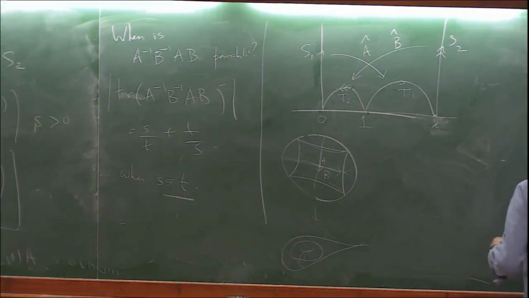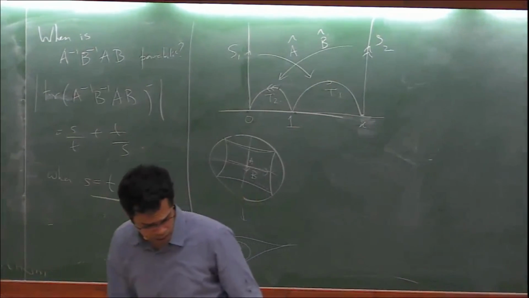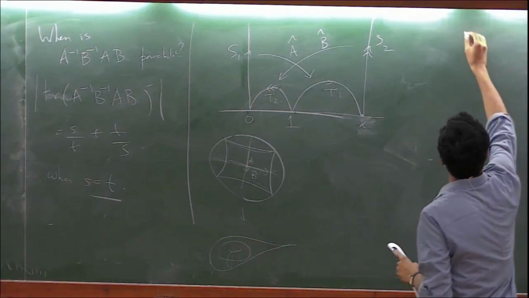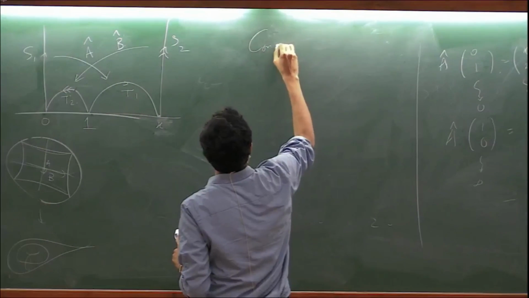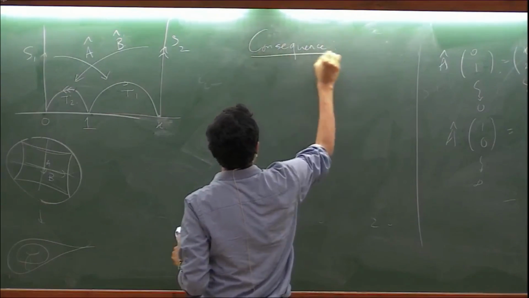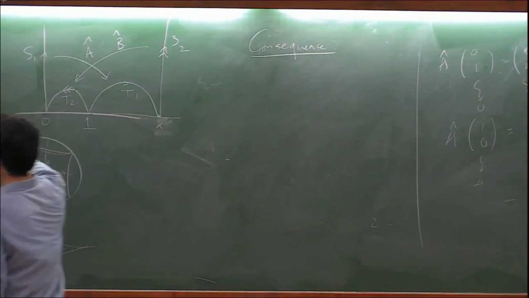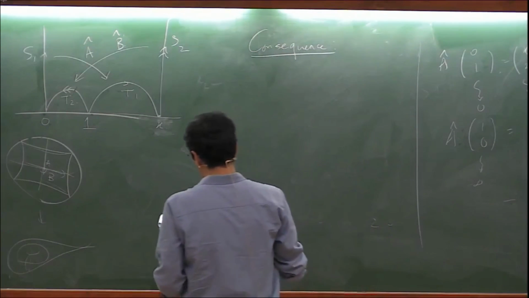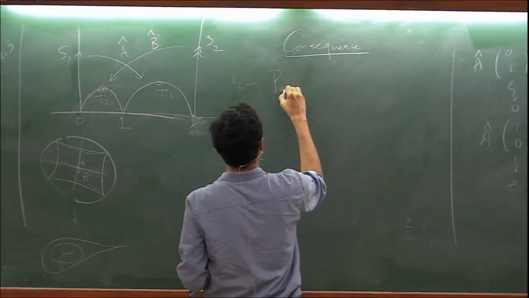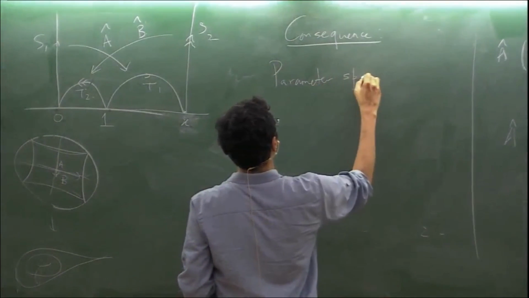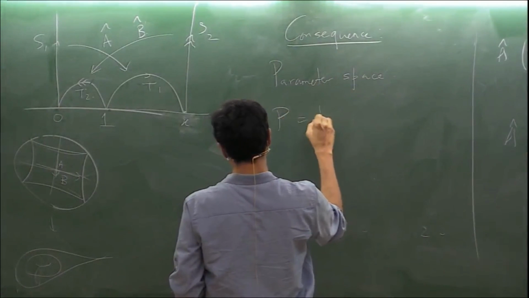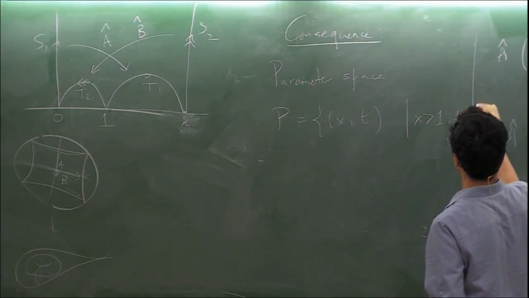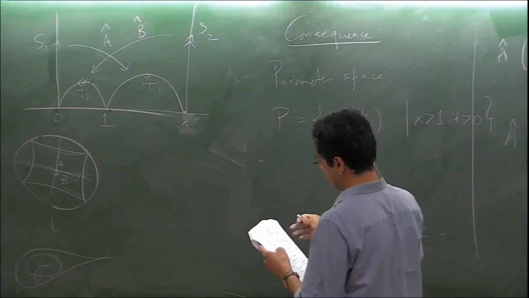Now, if s equals t, you can apply the Poincaré polygon theorem and conclude that you get a Fuchsian group. So the parameter space P, which is (x, t) or (x, s), with x bigger than 1 and t bigger than 0, is the Teichmuller space.